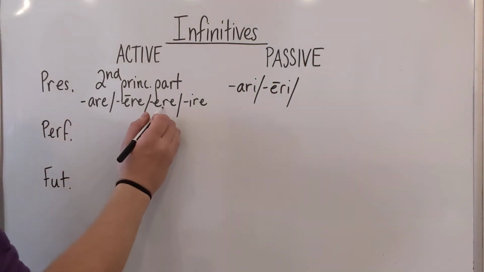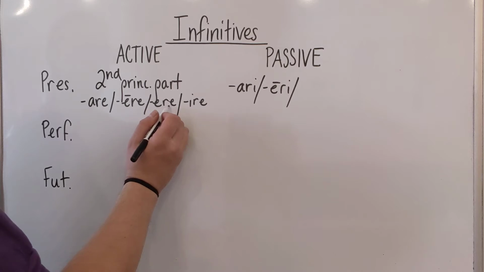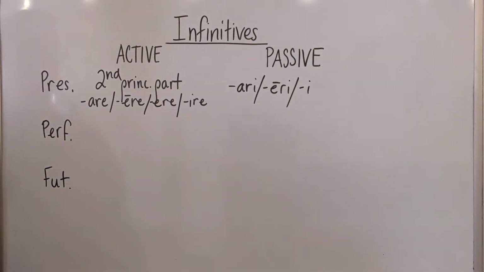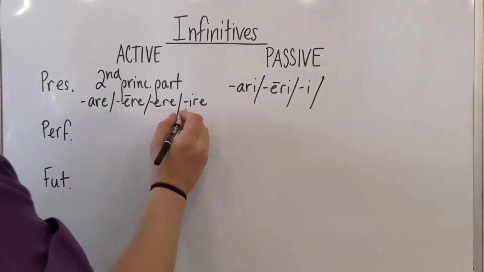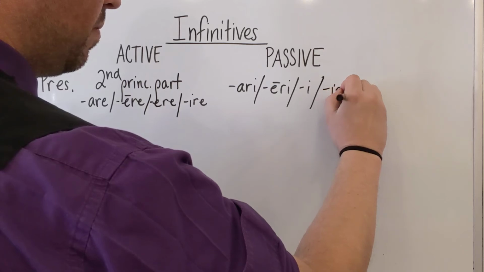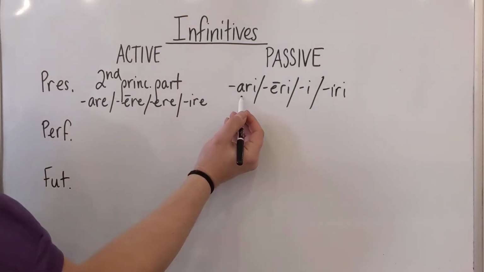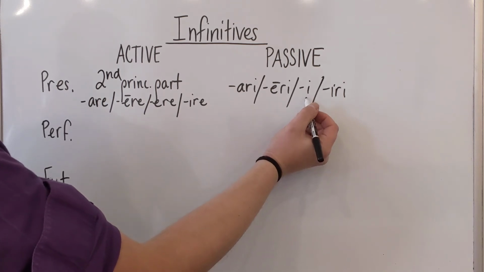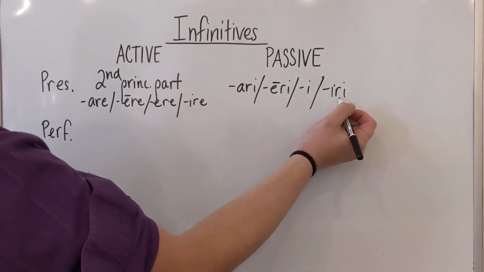For the third and third io, so ducere and capere, the entire -ere drops out and is replaced with the letter i. And then fourth acts like first and second by changing the final e to an i. So amari, teneri, duci, capi, audiri.